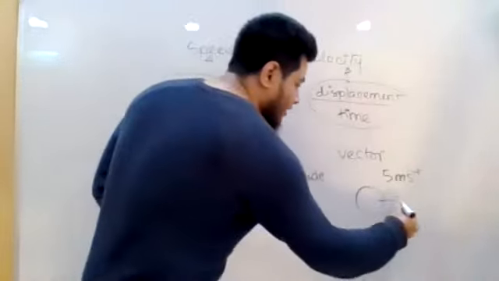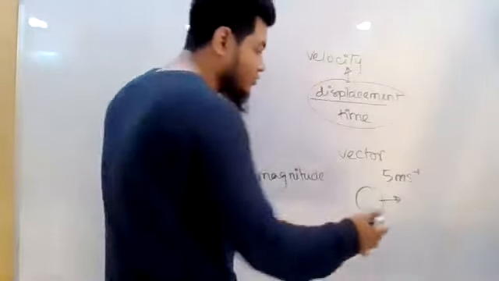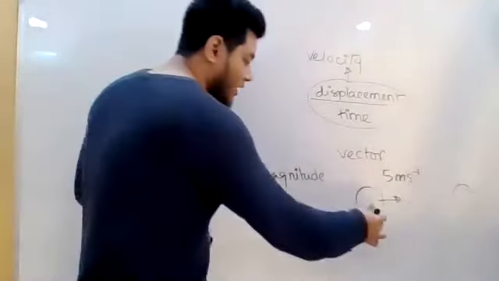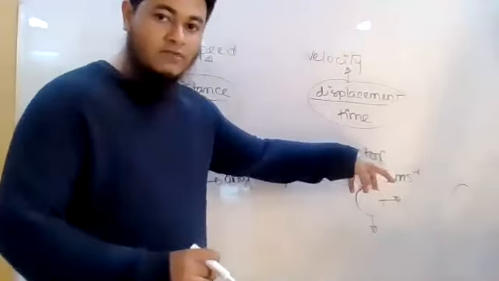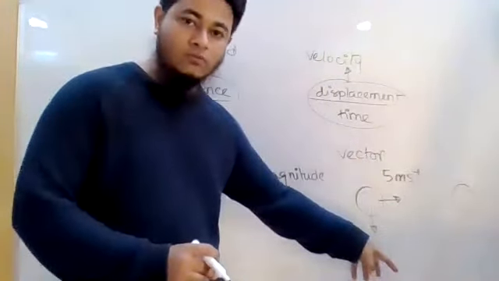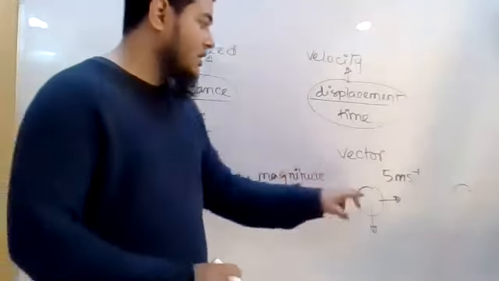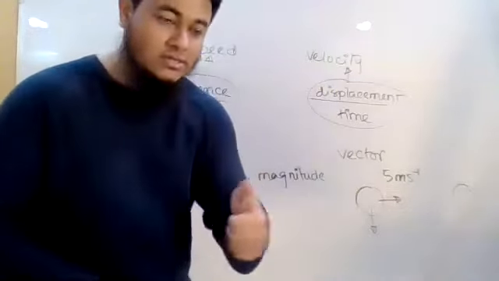If it is moving in this direction, then after 5 seconds it is going to be someplace here, right? But if it is a falling body, then it is going to be somewhere down. So direction is important.